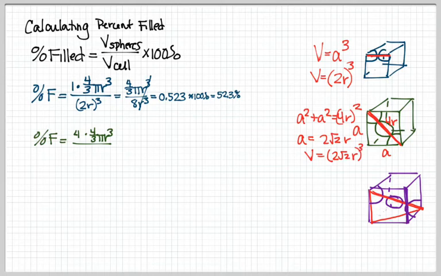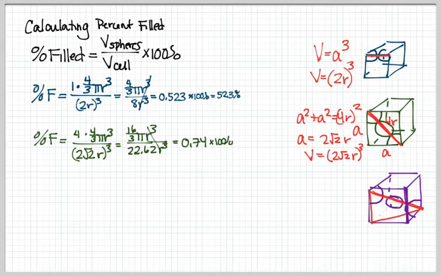And so if we put that back into our volume formula, we've got 16/3 pi r cubed divided by, if we do 2 square root of 2 cubed, that comes out to be 22.62 r cubed. Once again, the r's cancel, and our fraction comes out to be 0.74, or 74%.